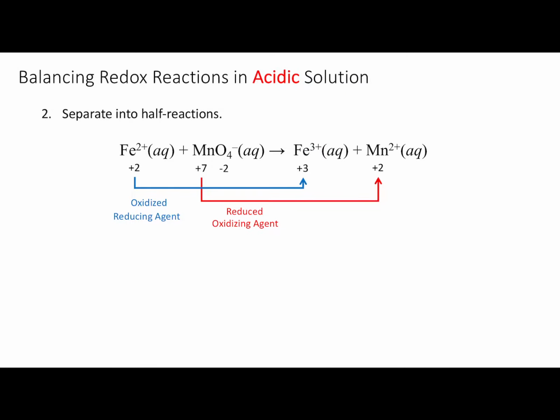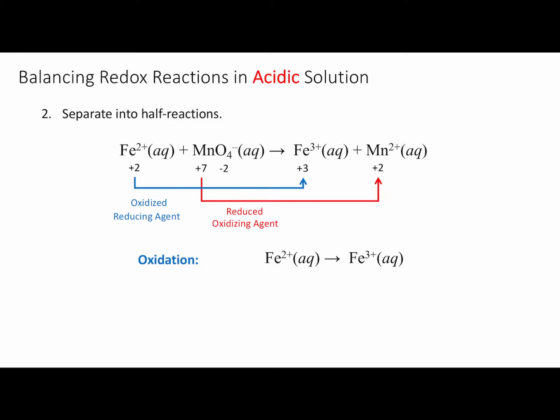So in step 2, we're going to separate the overall reaction into our 2 half reactions. And by that I mean we're going to write the oxidation half reaction and the reduction half reaction as a separate reaction. So we've already identified the species undergoing oxidation as iron. So our first reaction, our oxidation half reaction, has iron 2+ as a reactant and iron 3+ as a product.